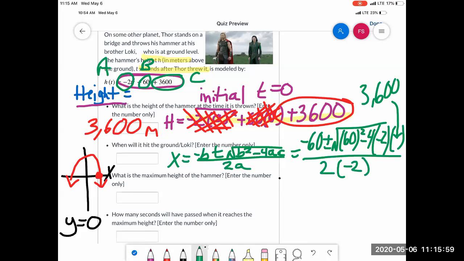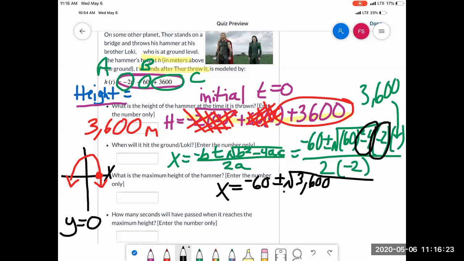All right, then we're doing calculator steps. We still have that -60 plus or minus. Under that square root, 60 squared is 3,600, and then -4 times -2 is +8.